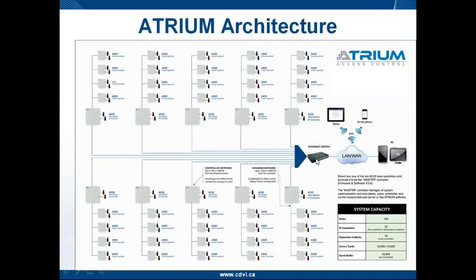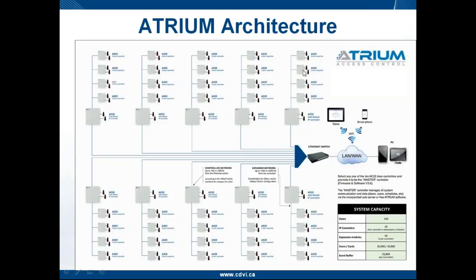Each controller that's connected to the network, as we see here, they're all connected to the network, has an IP address. Each one of these controllers has the capability to add 4 door expanders. The door expander allows us to do 2 more readers or 2 more doors per expander. So with one controller, I can have 4 expanders for a total of 10 doors.